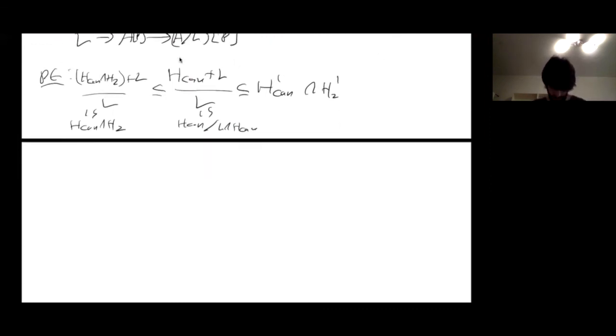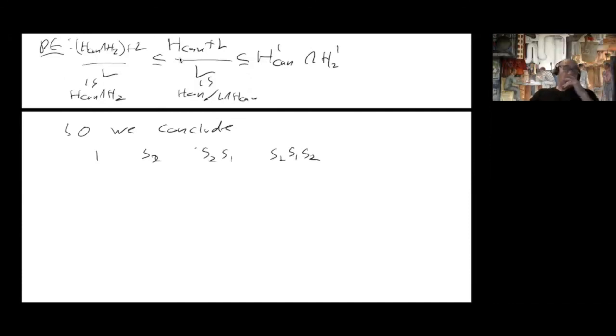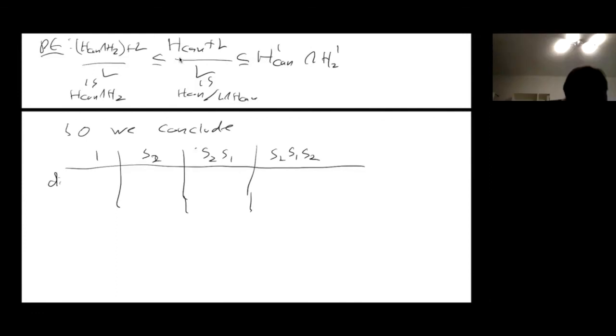So what does this tell us about the maps on differentials for the fixed parts? So we get a new table, S2. And the first thing that I'll write is the dimension of L intersect H can.